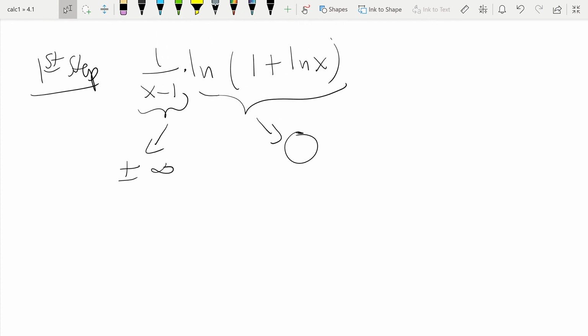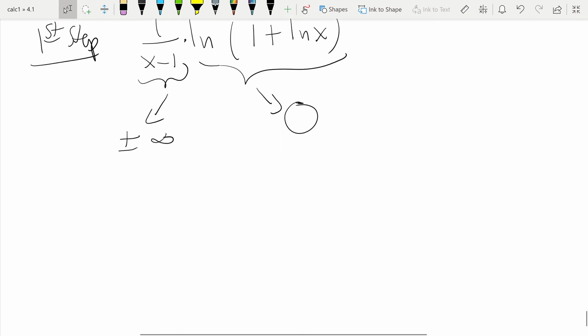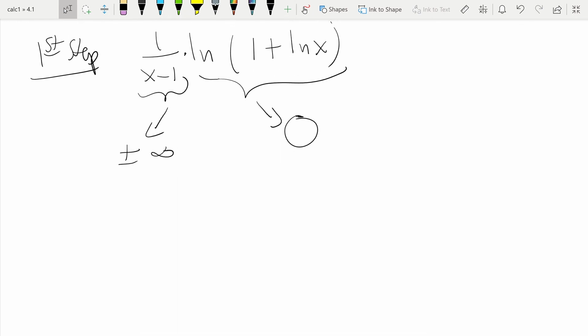And here comes another example. What did I tell you to do when we had something like this? Well, always leave the natural log alone. Whatever you do, just leave the natural log as it is.